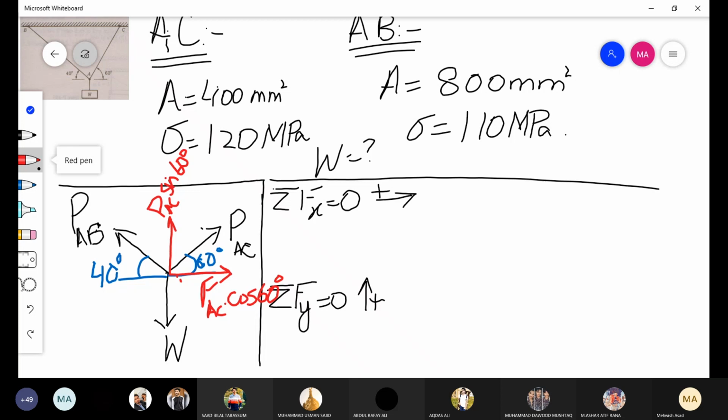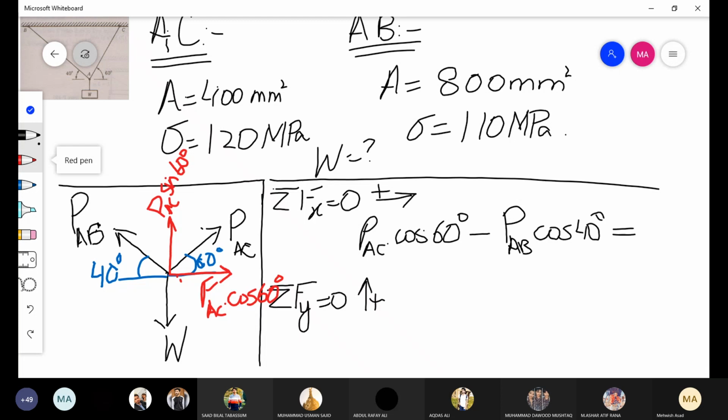We have two components for AC segment, and similarly we have two components for AB segment. So we are going to write PAC cos of 60 degrees, that is the X component of AC, minus PAB cos of 40 degrees, and no other force is acting in X direction, so the net result will be 0.